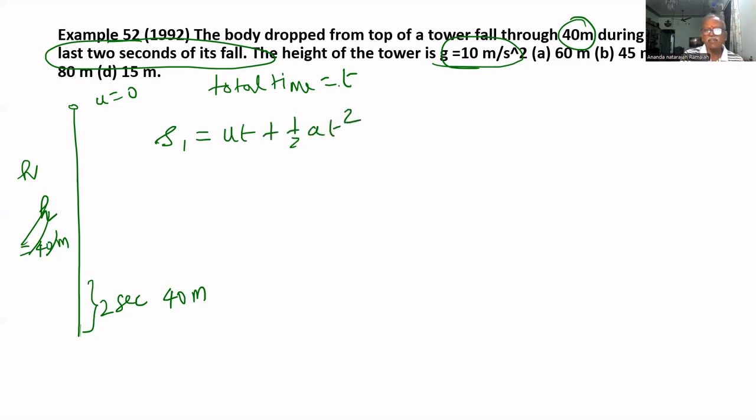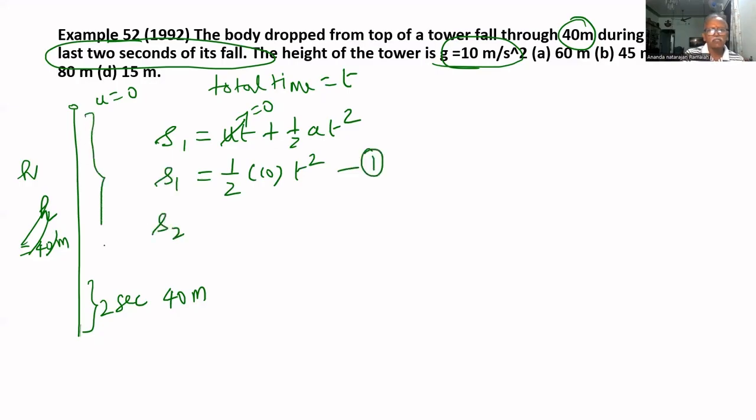A equal to 10, freely falling, that's why positive. Initial velocity is 0, that's why UT is 0. Half multiplied by 10 T square. S1 is this. S2 is this part.